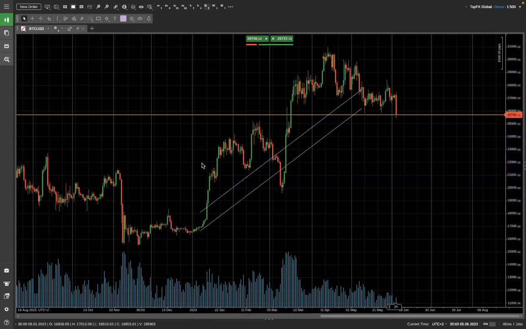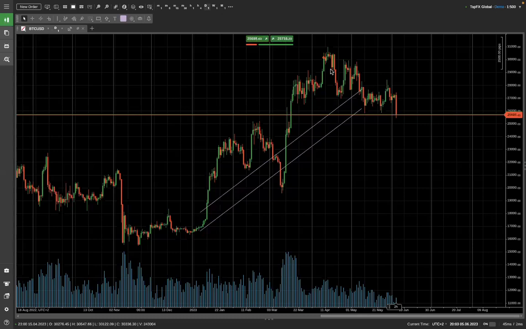This is very important for understanding the equidistant channel, because it can be both ascending, like I have it right now on the screen, so we call it bullish, with the higher highs and the higher lows, or descending, bearish, with lower highs and lower lows.